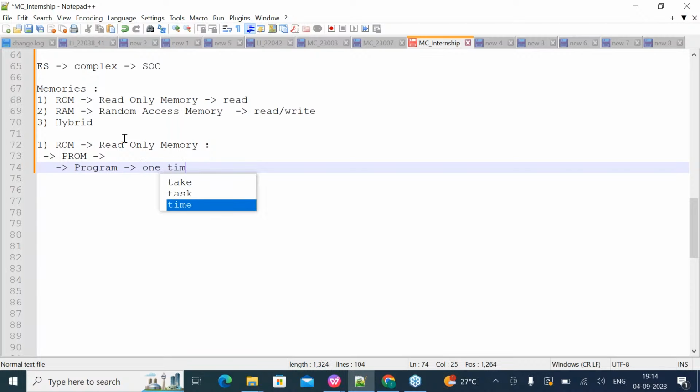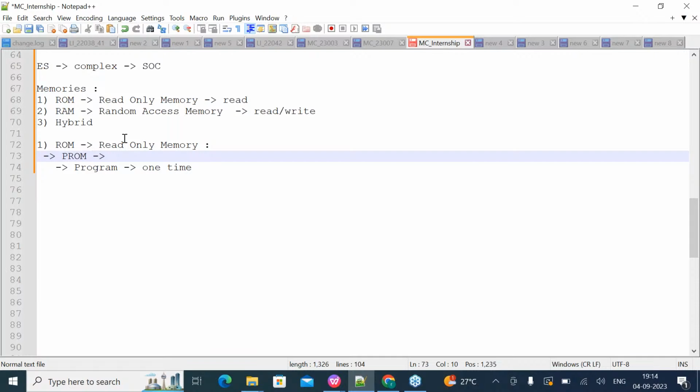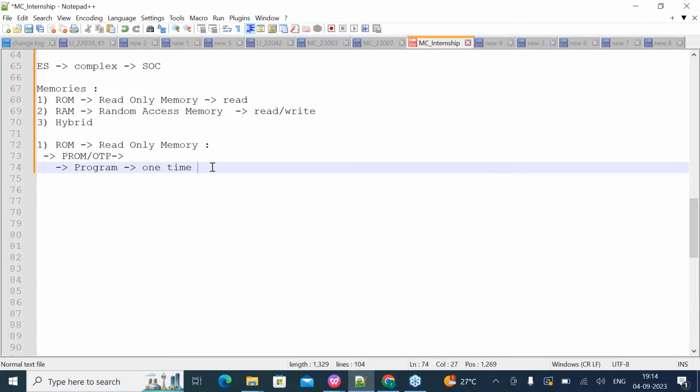So it is one time programmable. Once you program the code into this memory, finish. You cannot use this again. Though it is programmable, you can program only once. Because of this, it is also referred to as OTP, which stands for one time programmable memory.